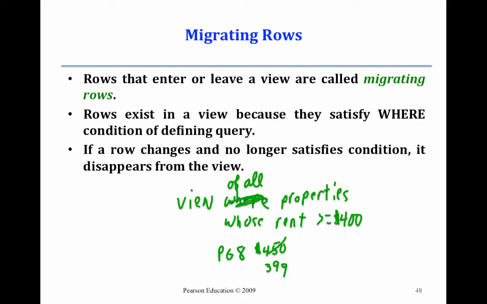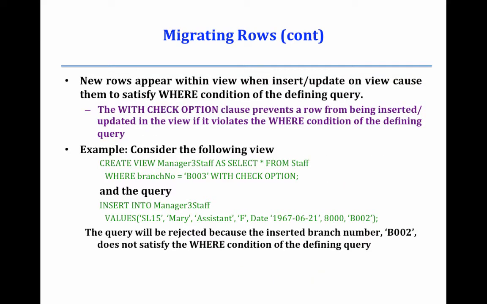Similarly, I might have some property that rents for $385, and I decide to bump up the rent to $400. Well, that should migrate in. So when the tuples in the underlying table are updated, they may migrate in or out of a view, hence the term migrating rows.